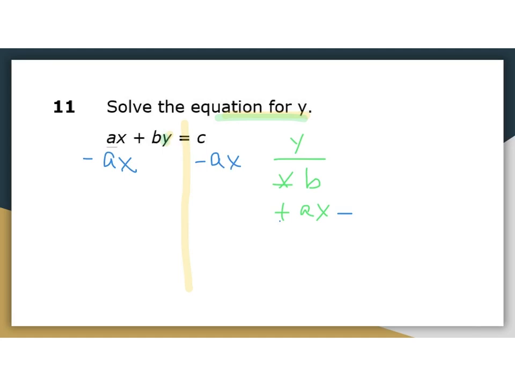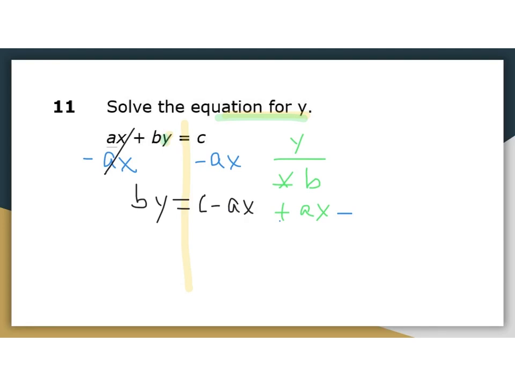The variables ax on the left cancel out. The by will remain. And then here, c minus ax, those are not like terms because they are not the same letter. So all I can do is write them out right next to each other.